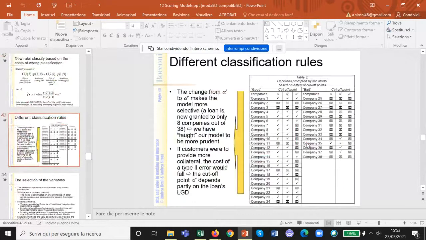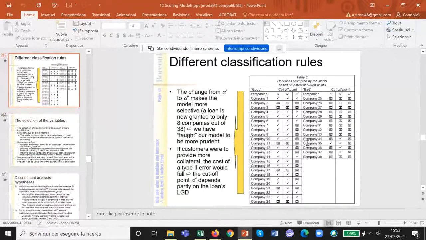And therefore, this would also allow to basically make the model less selective, and therefore push again the cutoff point towards the left, okay? So these are different classification rules by not taking into account probabilities and cost of errors, by taking into account only probabilities of default, and by taking into account also the cost of the errors, okay?